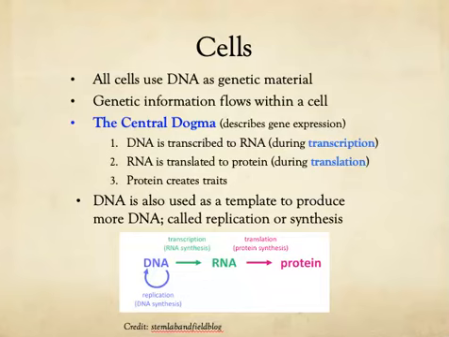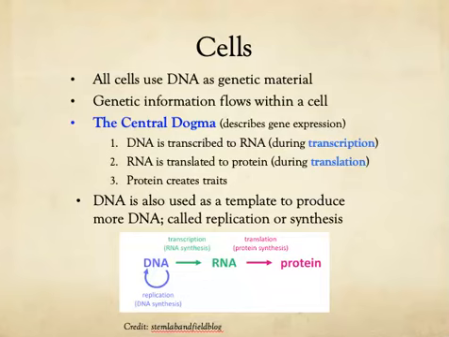That process is called translation. And the third statement tells us that proteins are what create the traits in cells. Remember that DNA is also used for something very different in a cell. It's not always used for gene expression.